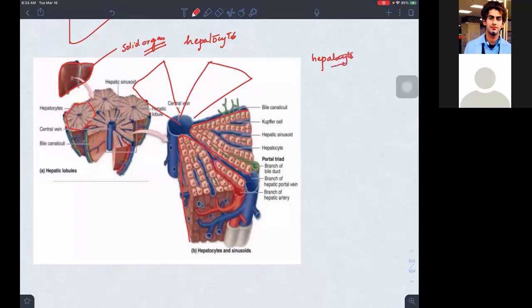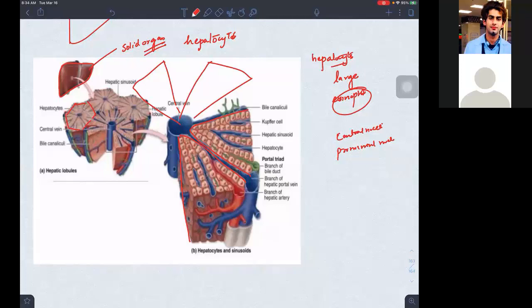These hepatocytes are large. They are eosinophilic. They have a central nucleus and a prominent nucleolus. How do you remember? Large, eosinophilic, with central nucleus and prominent nucleolus.